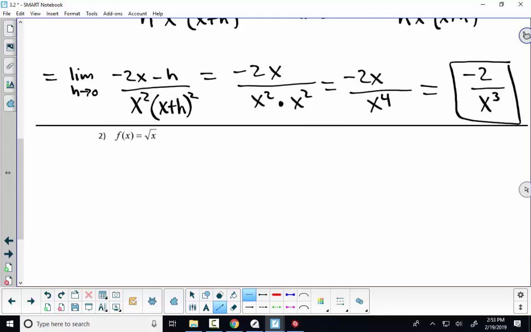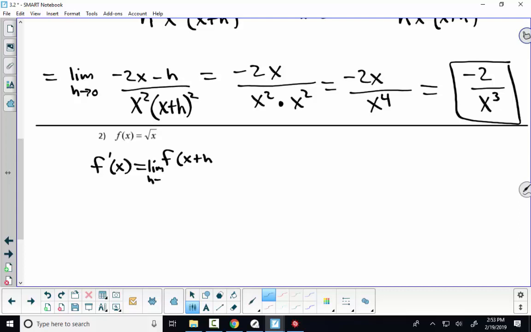How about the derivative of the square root of x? What would be involved here? Conjugate. You have a radical involved. Conjugate's going to be involved in simplifying. So the limit as h goes to 0 of f of x plus h minus f of x all over h.